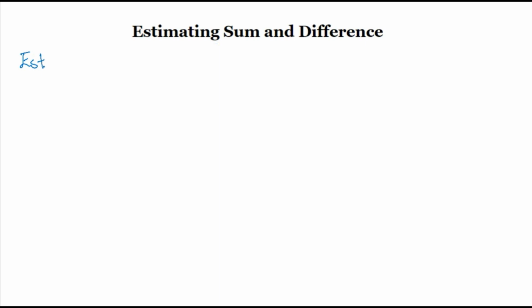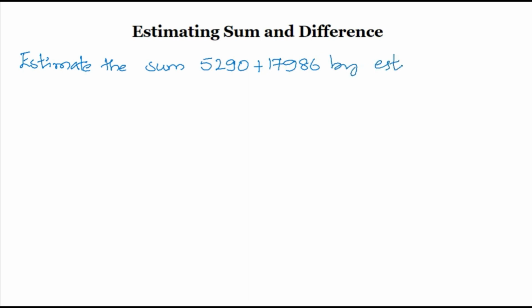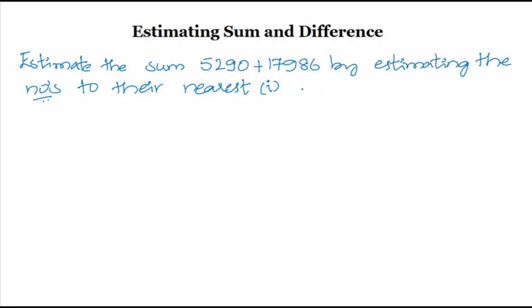Estimate the sum 5290 plus 17,986 by estimating the numbers to their nearest, first one, hundreds, and the second one, thousands.